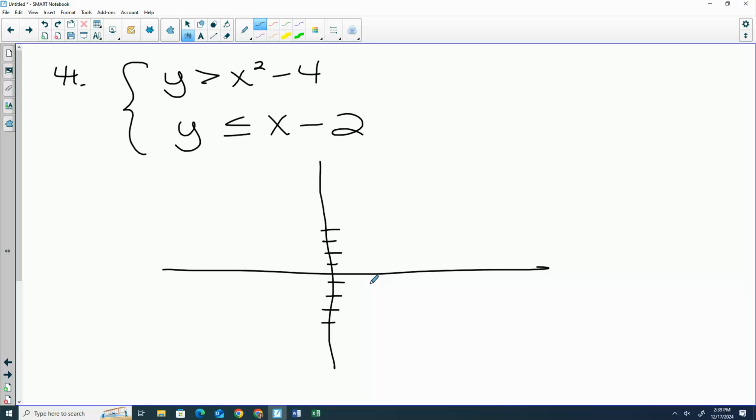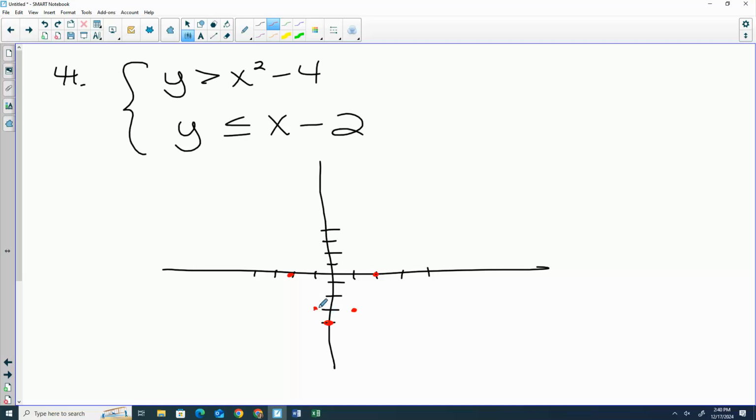It's a parabola that's been moved down 4. When in doubt, you can always plug in points. 0 squared 0 minus 4 is -4. If you put in a 1, 1 minus 4 is -3. If you put in a 2, 2 squared minus 4 is 0. Same thing for the negative.